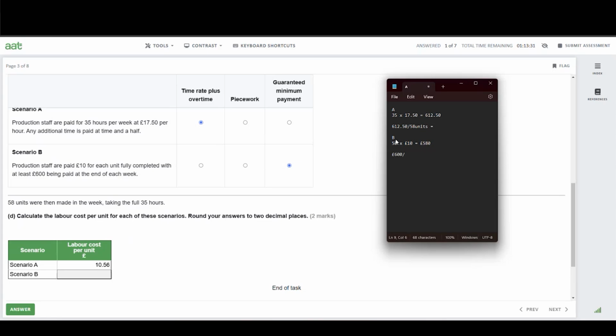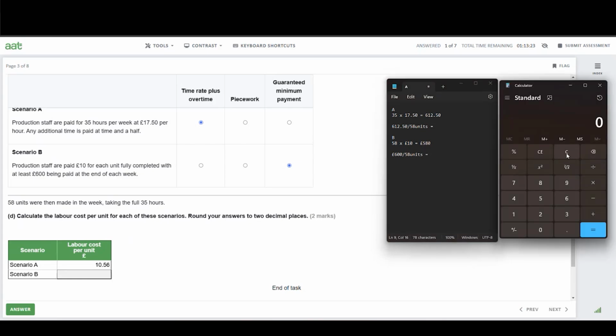So if we divide that £600 by the number of units produced, let's calculate that out. That gives us £580 divided by, sorry, no, it doesn't, it's £600, isn't it? Let's just clear that. £600 divided by 58 units equals 10.344827, and so on.